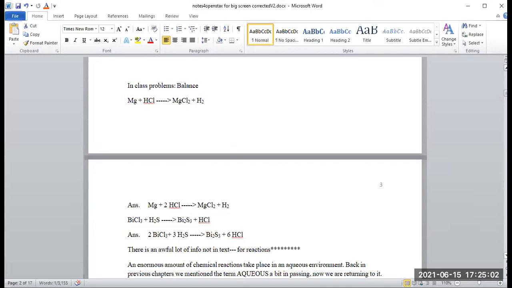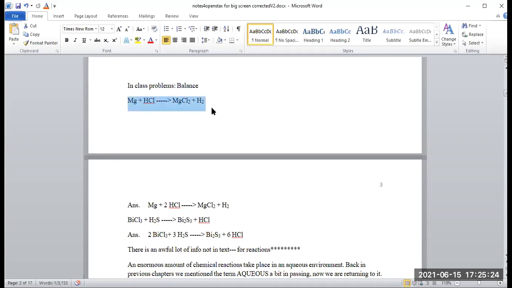Once your equation is balanced, chances are it now has some new coefficients that didn't used to be there. Balancing doesn't change their names.